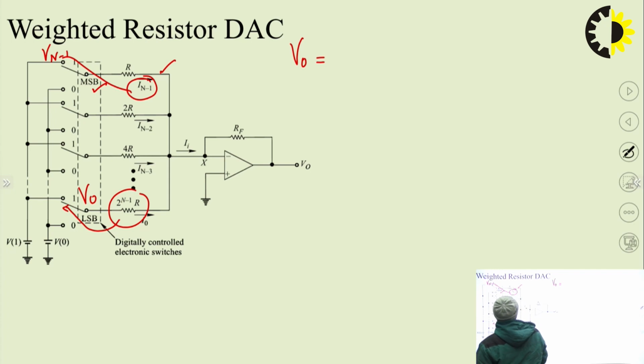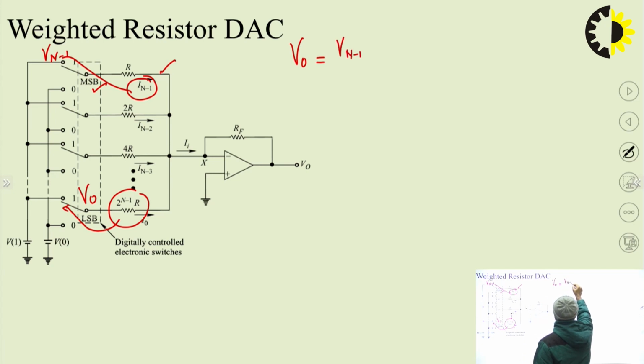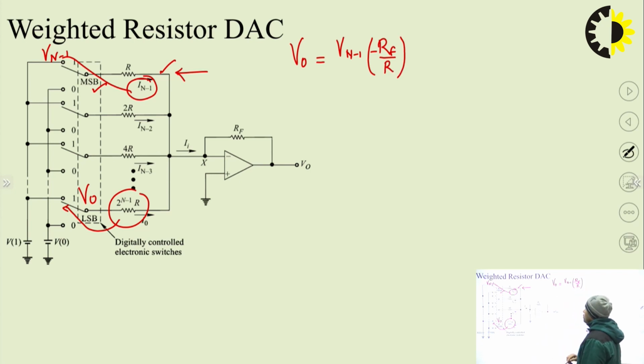Okay, so V0 will be equal to Vn minus 1. This is the input voltage for this first branch only, and the resistance ratio is minus Rf upon R. But this will be effective only if this bit position Bn minus 1 is there.